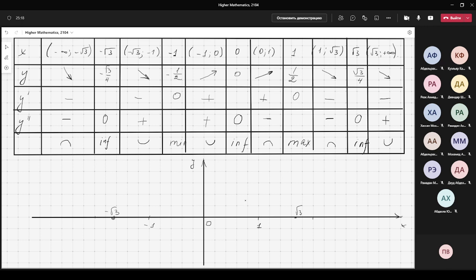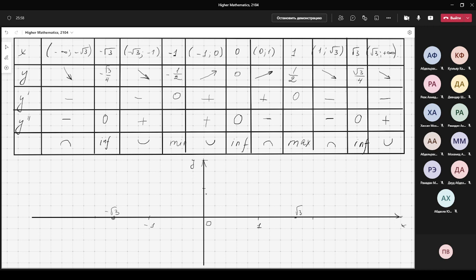Then the critical points. It is minus square root of 3. At this point we have the value minus square root of 3 over 4. Square root of 3 is approximately equal to 1.7. 1.7 over 4 is approximately equal to 0.4.